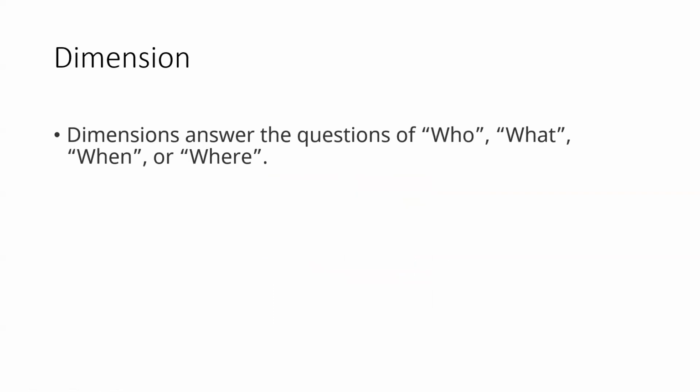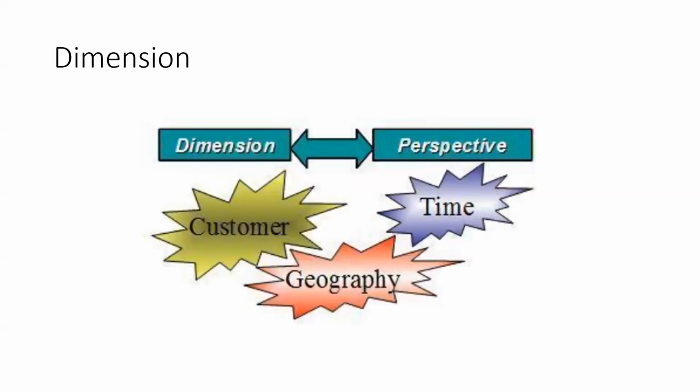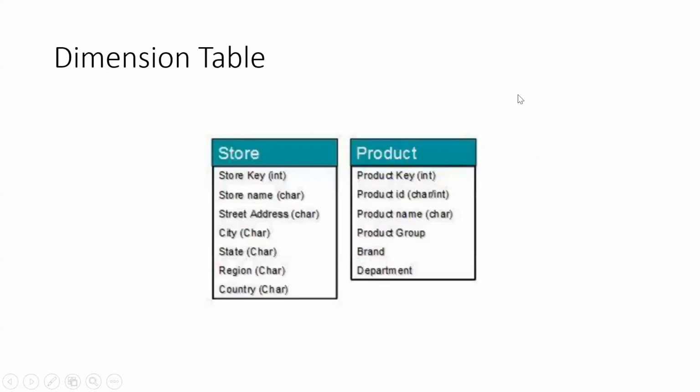If I go to the next topic, what is a dimension? Customer, geography, time, those are called dimensions. And how can a dimension table be declared? A dimension table can be created for a particular topic, like a product dimension, where we store all the product-related stuff. For each different product, I give a product number or product key.